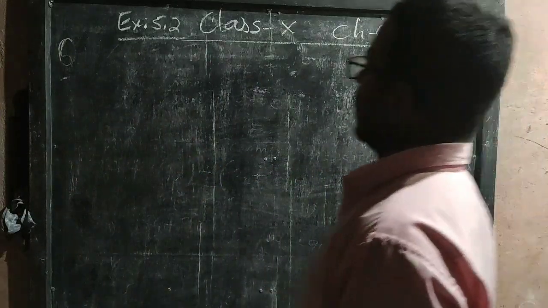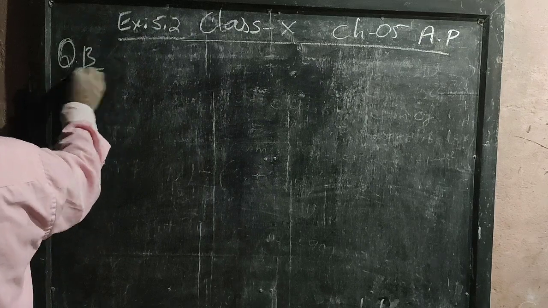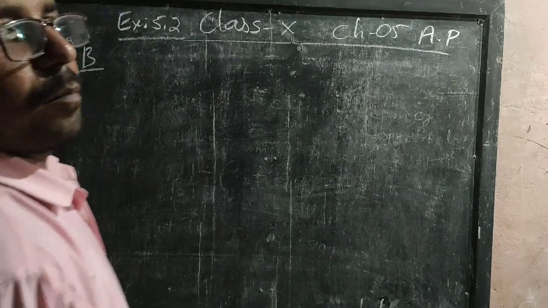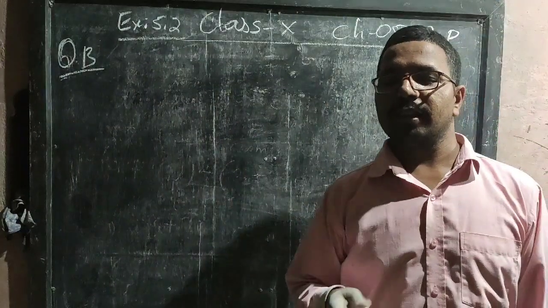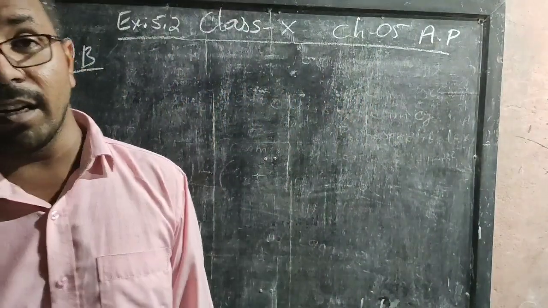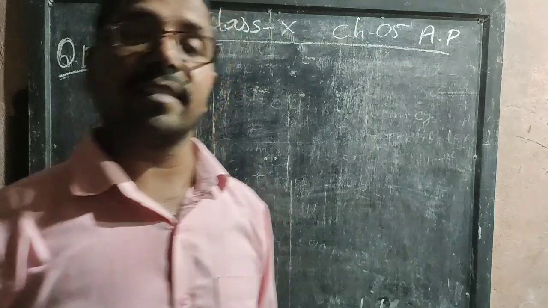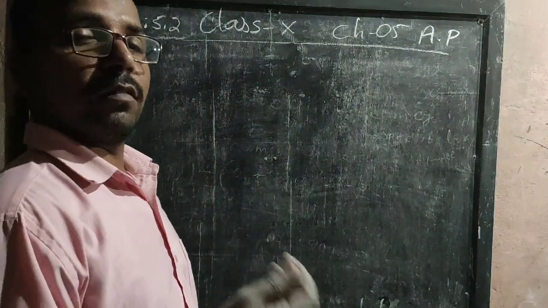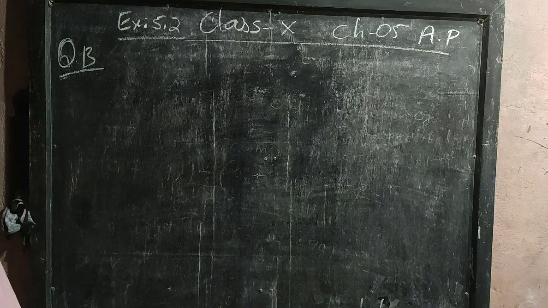Question number 13, how many 3-digit numbers are divisible by 7? That means the question is asking how many 3-digit numbers there are that are divisible by 7. It is very typical, but when we use AP, the logic becomes very simple.